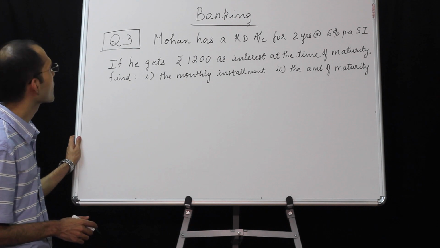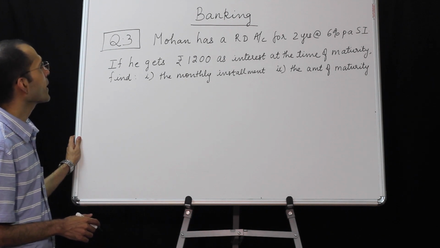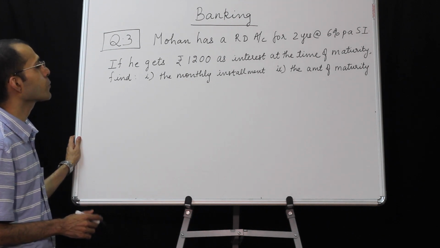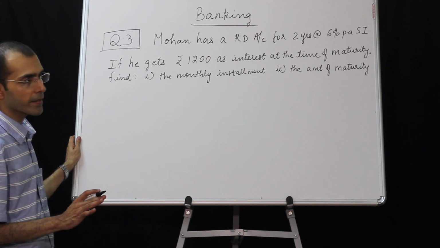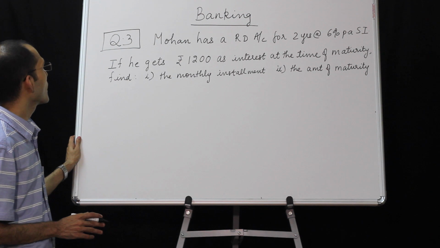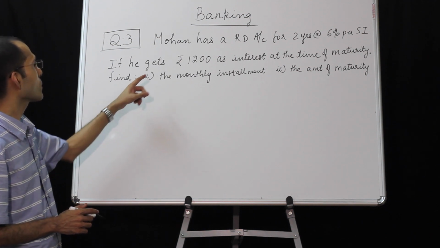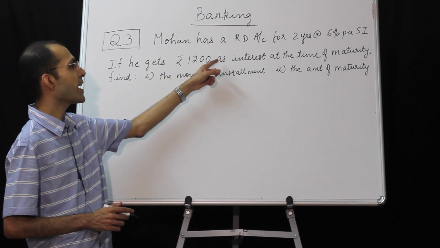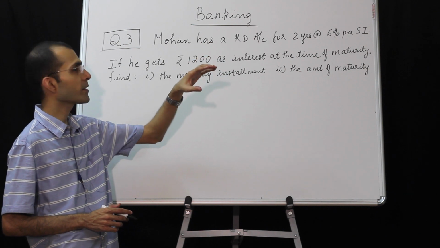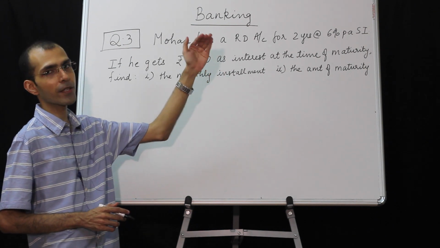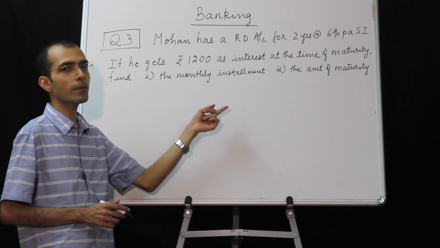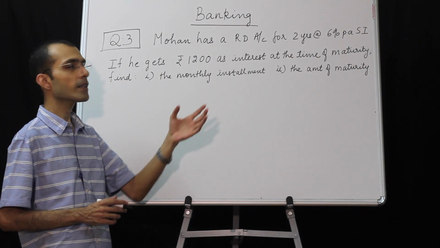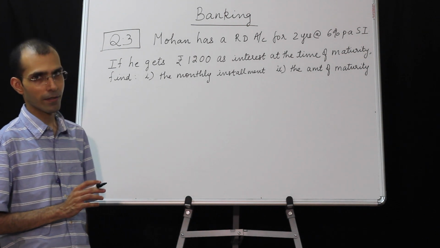Question 3. Mohan has an RD account for 2 years at the rate 6% per annum SI, simple interest. If he gets rupees 1,200 as interest at the time of maturity, find the monthly installment, second, the amount of maturity.